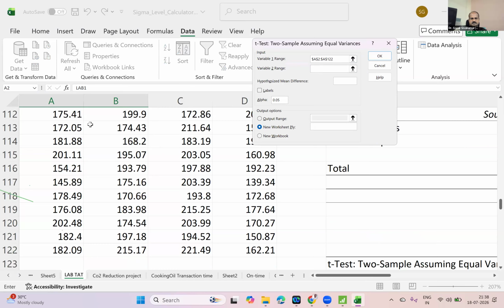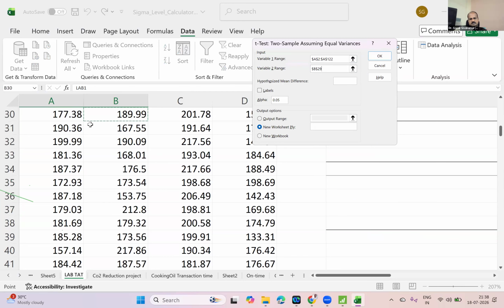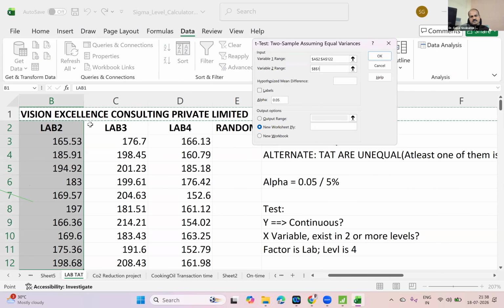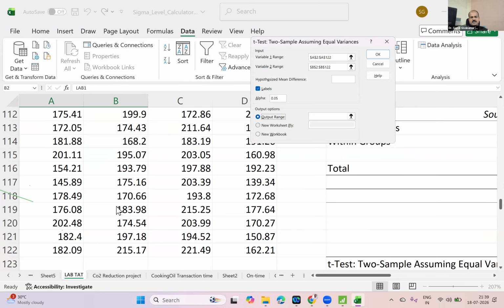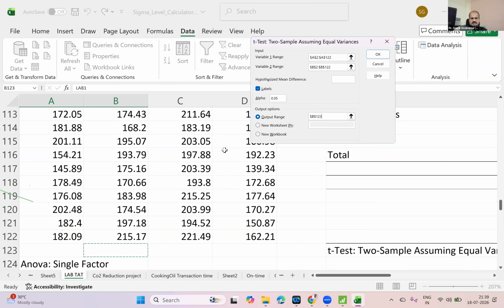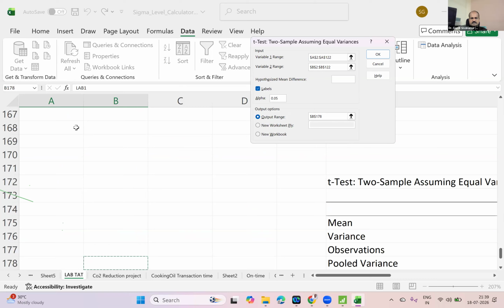Variable 2, shift control down. Variables are given. Label is given in the variable, yes. Alpha 0.05. Where do you want the output? I want the output below the data. Here. I think overwriting might happen here also. Let it happen.